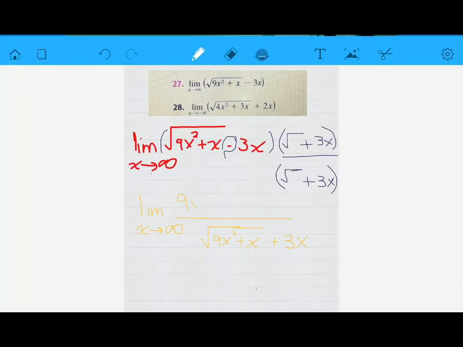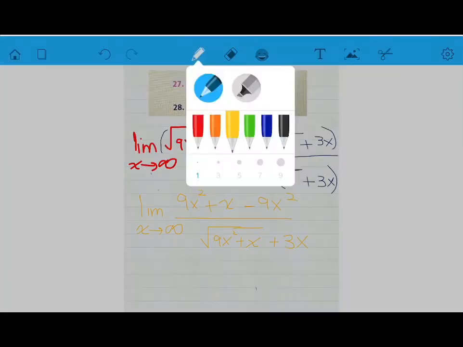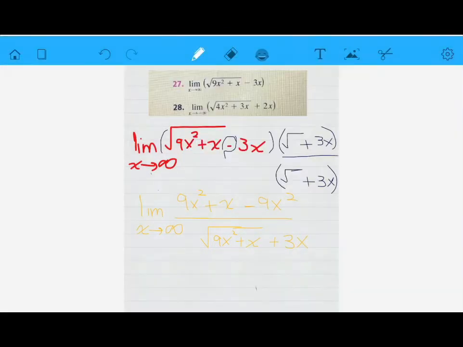In the numerator we have 9x squared plus x minus, because minus with plus gives minus, 3 times 3, 9x squared. We simplify: 9x squared minus 9x squared cancels, and we have 9 minus 9, 0.